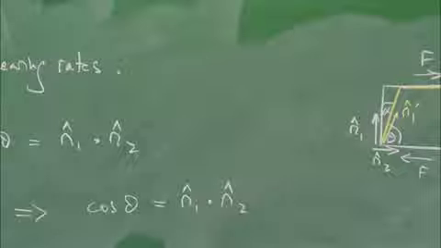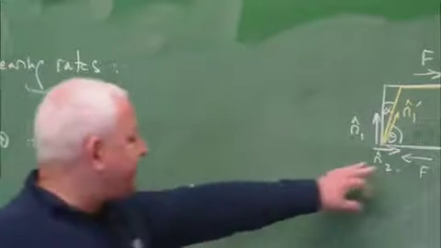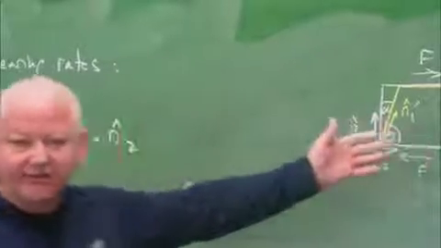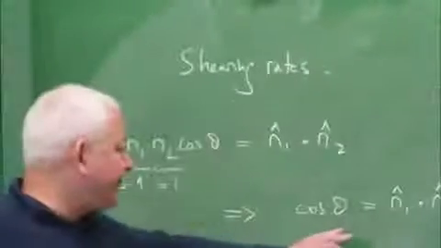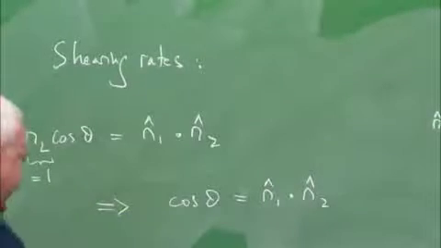So, in a simple shear, n2 remains fixed. In a general shear, n2 may change. So I want to consider the rate of change of the angle theta.